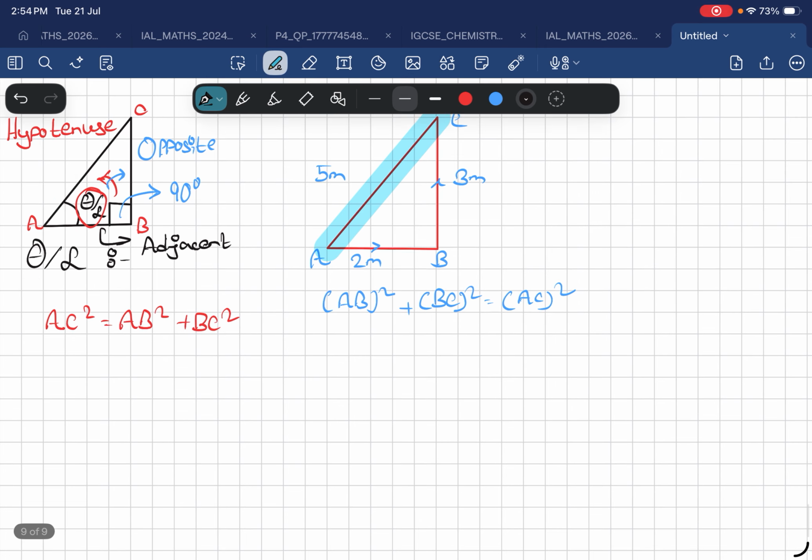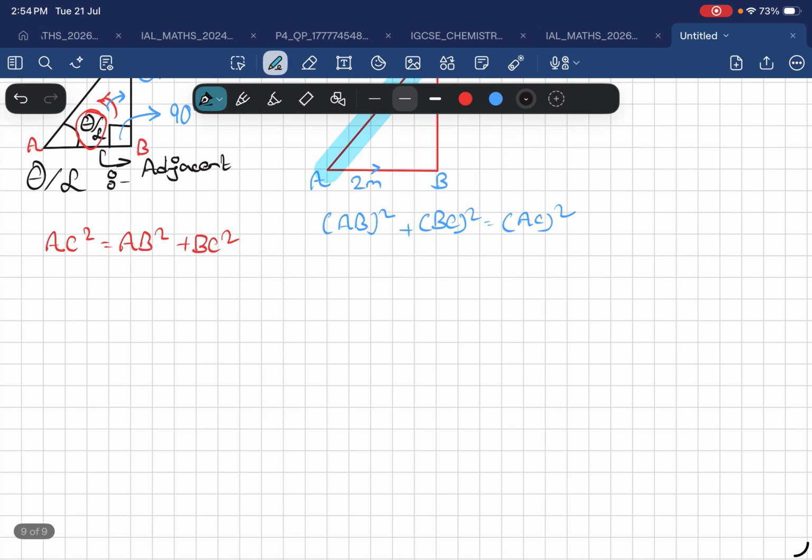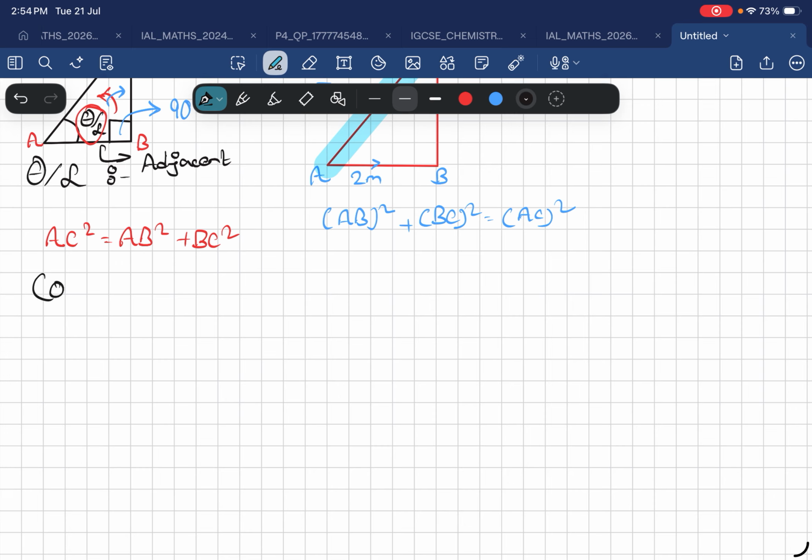It means opposite whole square plus adjacent whole square is equal to hypotenuse whole square. Okay, so without further ado, let's go to our next math.